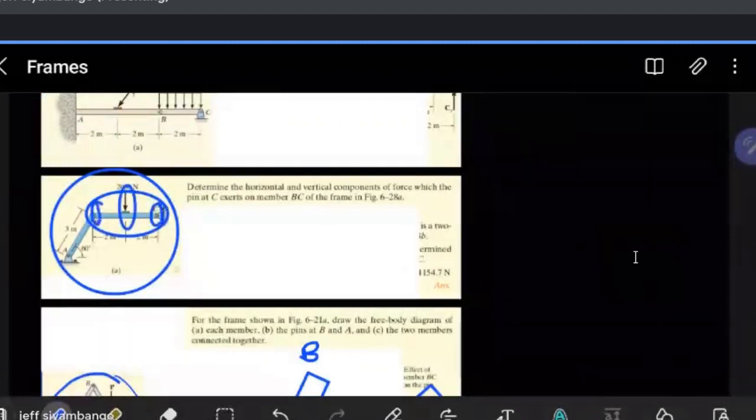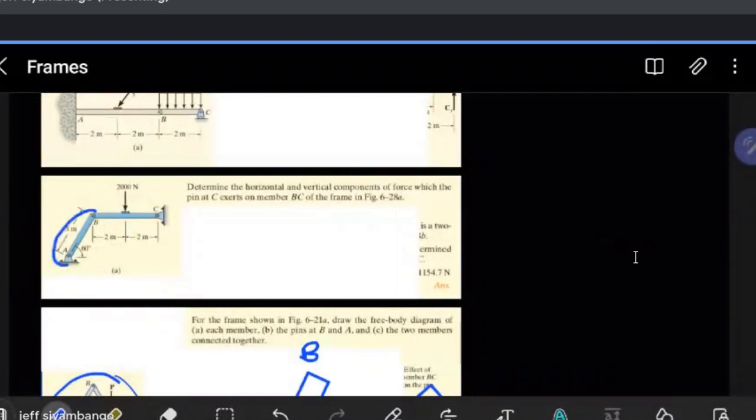So BC will not qualify as a two-force member. But the member AB, on the other hand, does qualify as a two-force member. But here's what I want you guys to try to justify. We're saying that this one qualifies to be a two-force member. But how come? I'm going to draw this, but I'll just indicate one or two things.